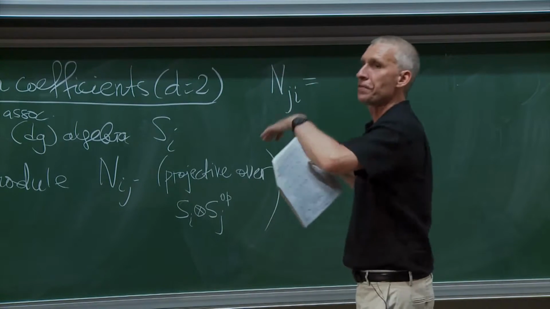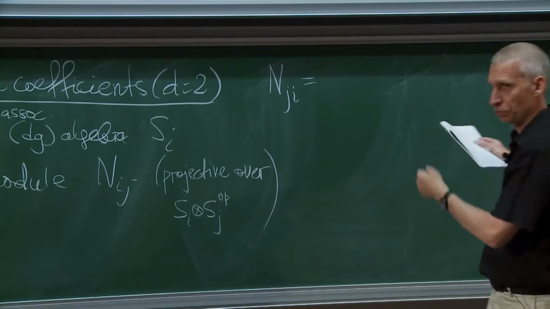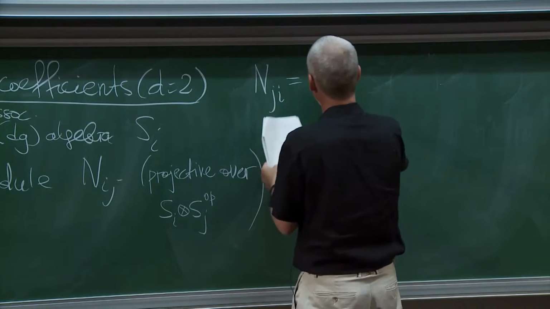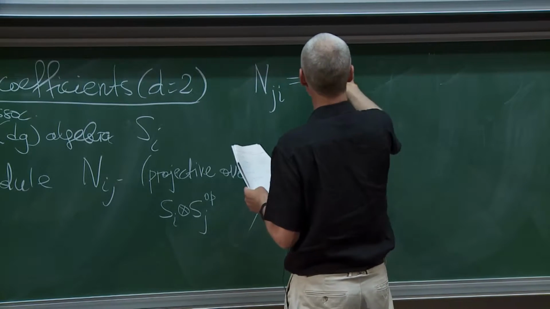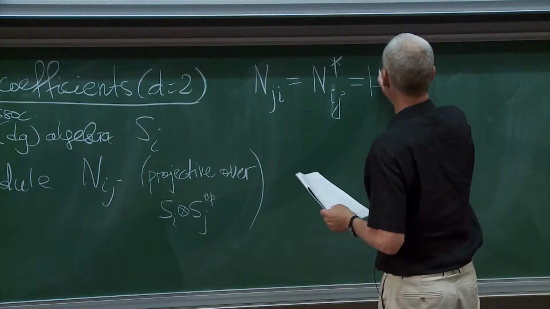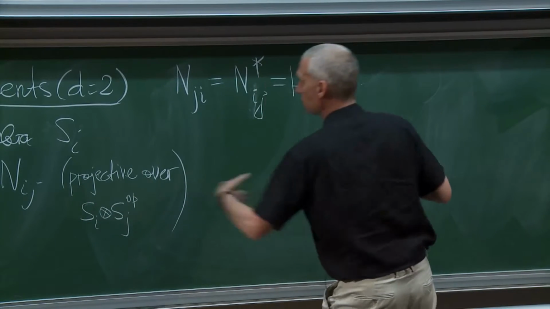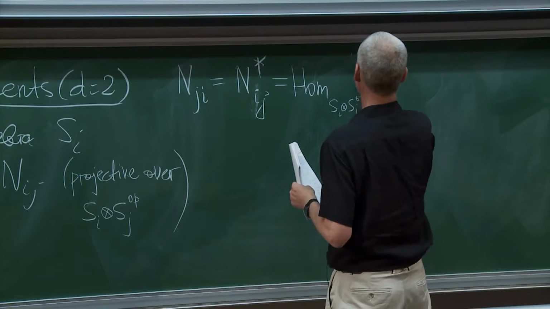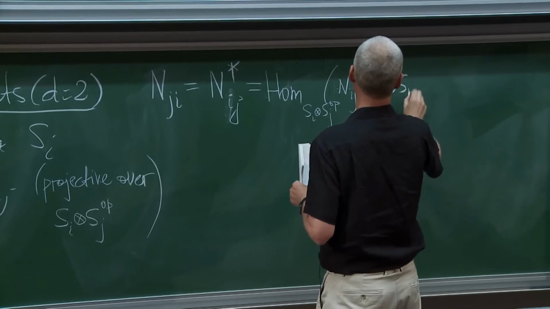So just if you forget the differential, something that we can always do up to homotopy, just for simplicity. And I want to assume self-duality in the following form. N_ji equals N_ij star, where N_ij star will be Hom, dual over S_i tensor S_j op, from N_ij to S_i tensor S_j op.